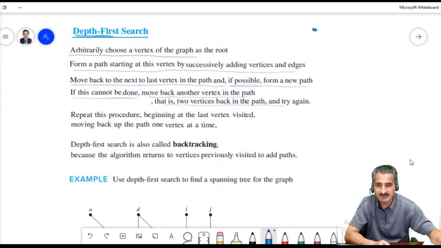We said start at an arbitrary vertex, right? So move to another vertex. Keep moving. And keep moving to another vertex. And so on.